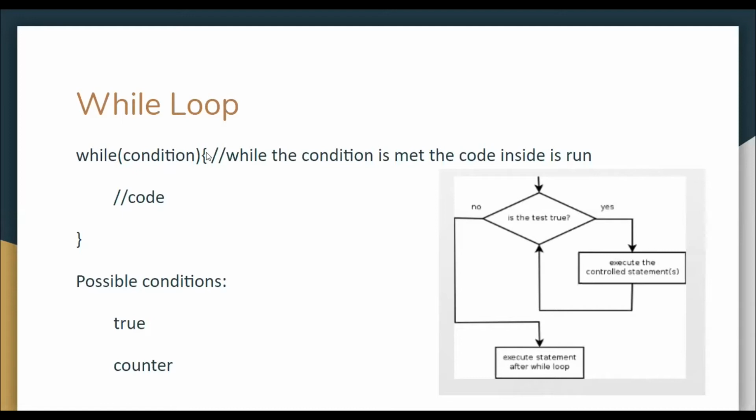So at that point, the condition would no longer be met, so the coding side would no longer run. So that would be how to use a while loop for a definite loop.